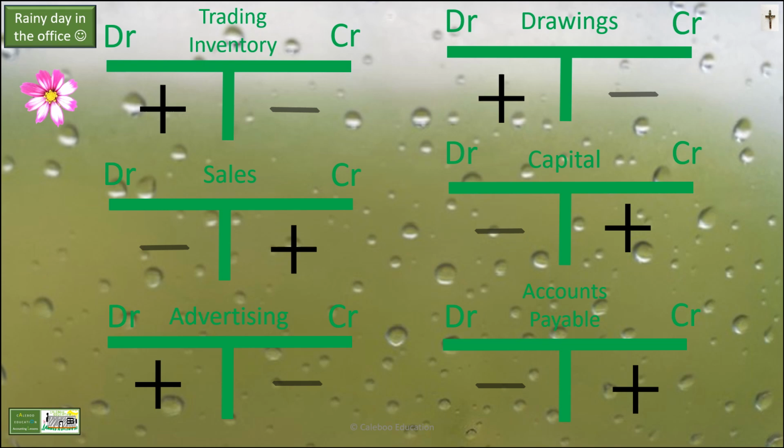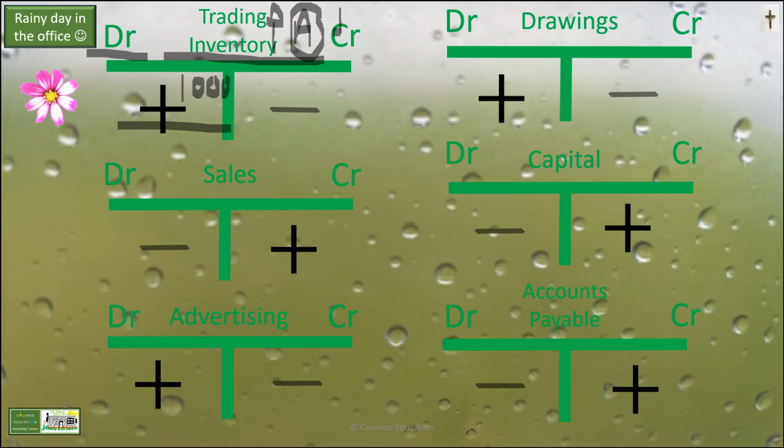Before I get to the acronym, I've included this slide where I've actually put in items. For example, trading inventory is an asset. If the value of the trading inventory increased, let's say it increased by 1,000, the entry will go on the debit side. An increase in assets gets debited.